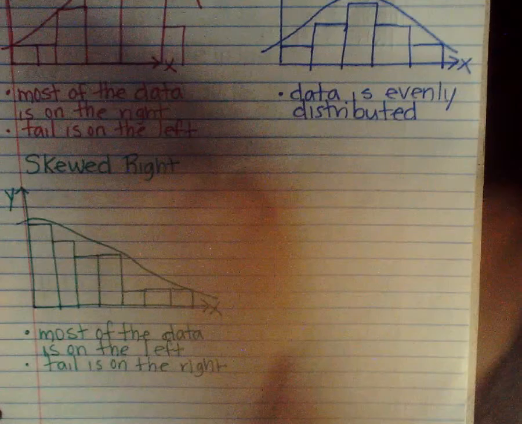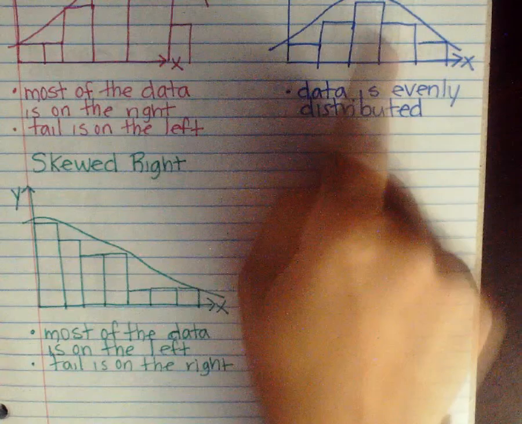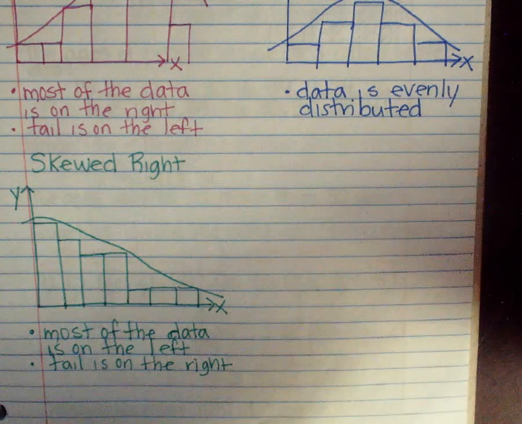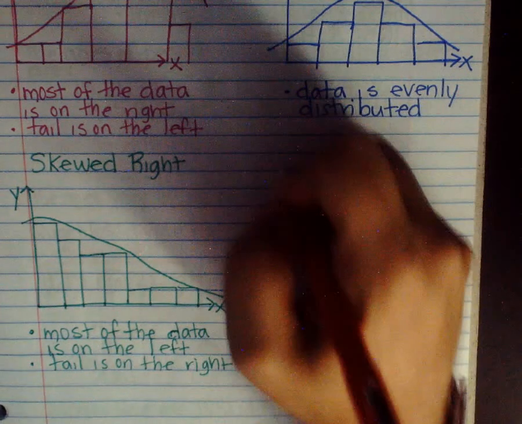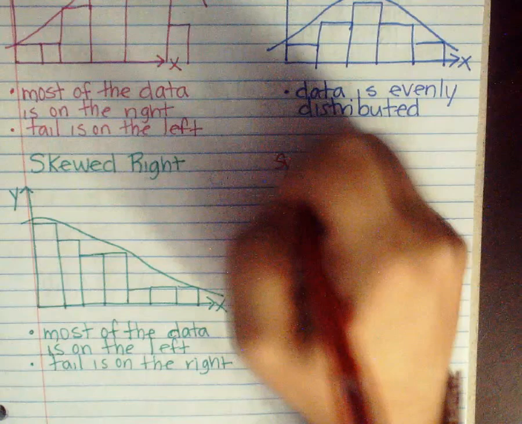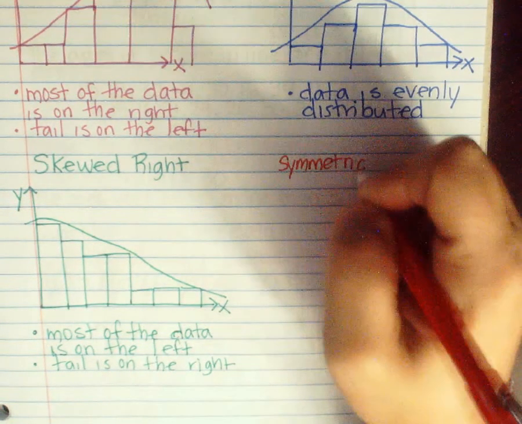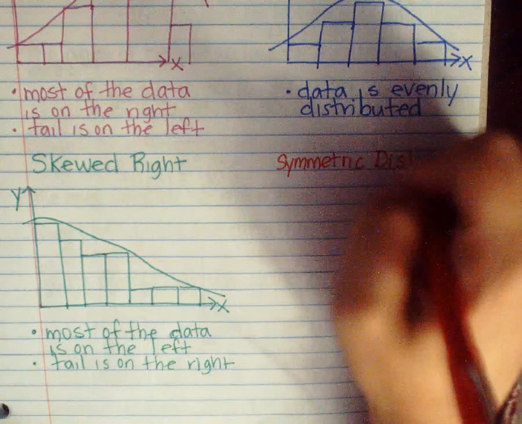On page 57, I'm going to add the notes right here in this fourth little quadrant. We talked about quartiles before, so I split my paper into quadrants: 1, 2, 3, and 4. So I'm going to add something right here. The first word I'm going to put is symmetric. Symmetric distribution.